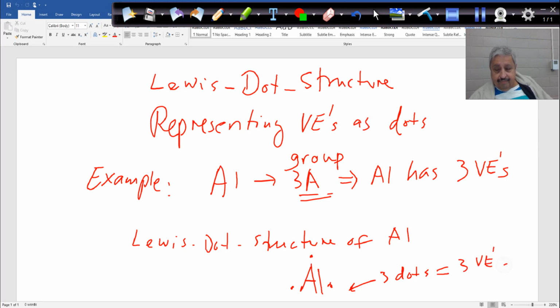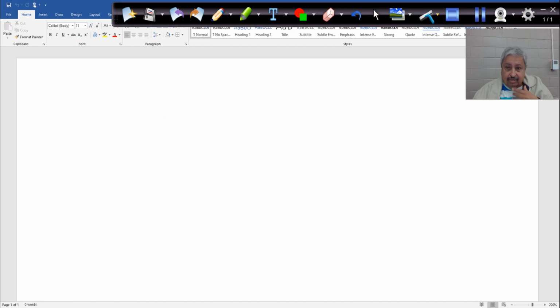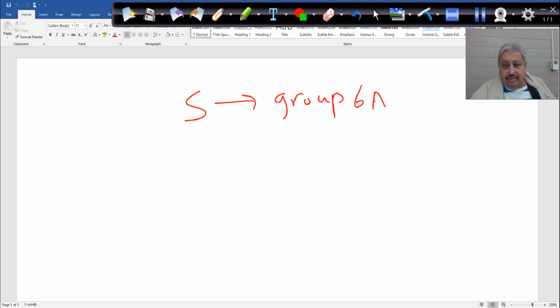Okay, guys. Let's take sulfur, for example, sulfur in 6A. Everybody has it? Okay, so let's look at sulfur here. Sulfur is group 6A, and the number of the group is the number of the valence electrons.